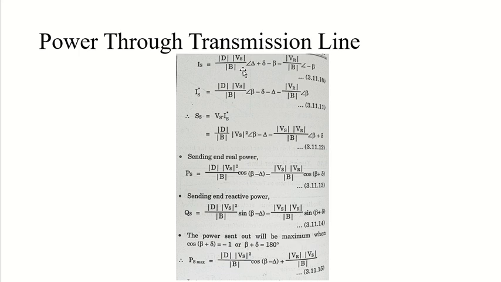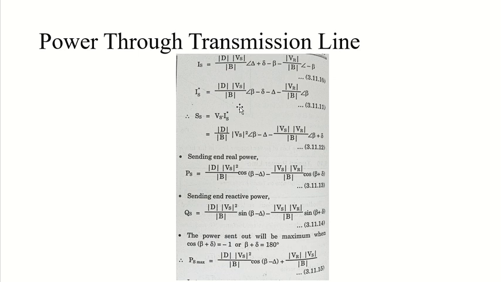So we will have beta minus delta minus small delta, right? Because beta was negative, it will become positive, and the other two angles, small delta and capital delta, were positive, so they will become negative. The amplitude part will remain as it is. And in the second term, when beta was negative, it will become positive as well. So that will become the value of Is star.